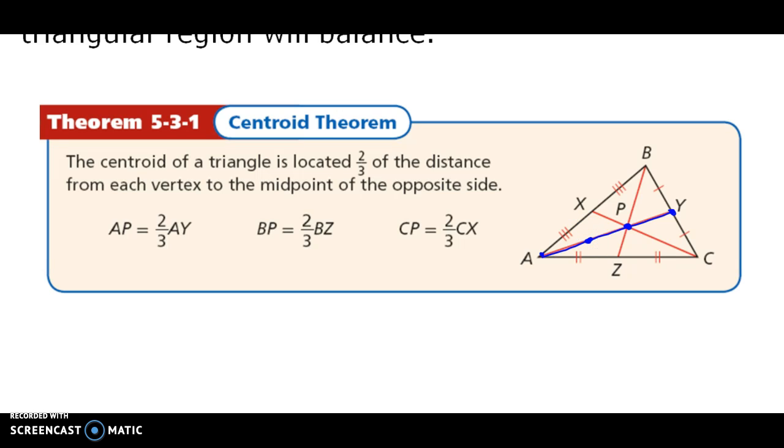Like this looks like 1 of 3 and this looks like 2 of 3. So let's say PY is 4. P to Y is 4. How far would it be from A to P? 8. So 4 to 8 is a 1/3 to 2/3 ratio. So A to P would be 8, and obviously PY is 4.